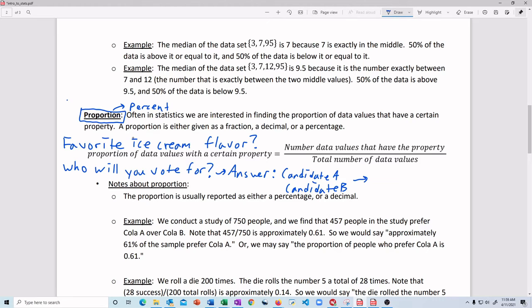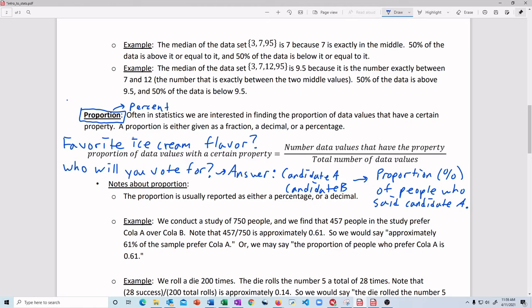That's a great way to think about it. So a way to summarize this data would be to calculate the proportion or percent of people who said candidate A.